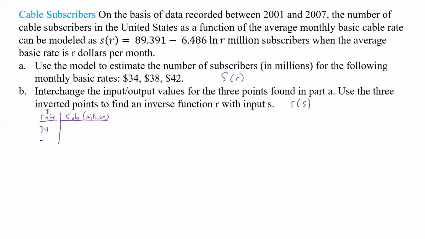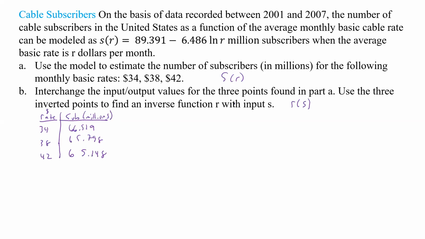So 34, 38, and 42. And we found that this one was 66.519. This was 65.798. And this one was 65.148. Okay. And so that's the table, to estimate the subscribers in millions.